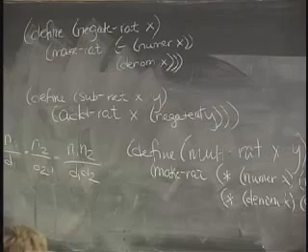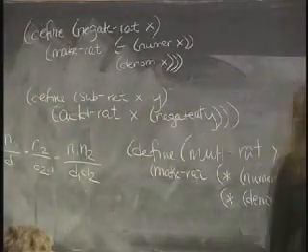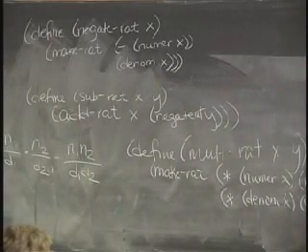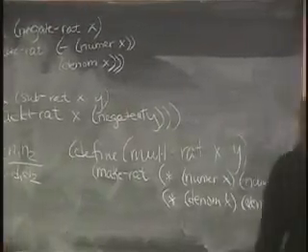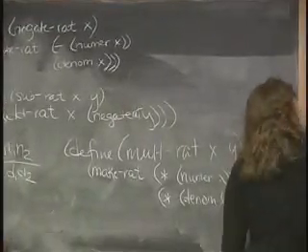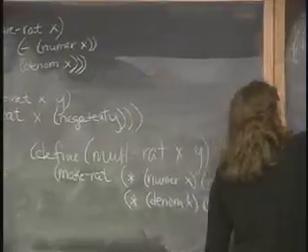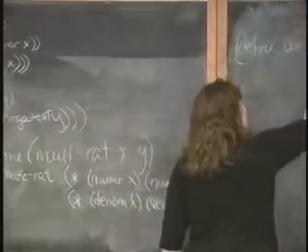So, how could we do some math? How would I define a rational number? Let's say I want to define a rational number called 1/2.